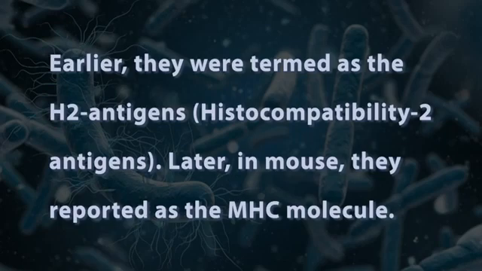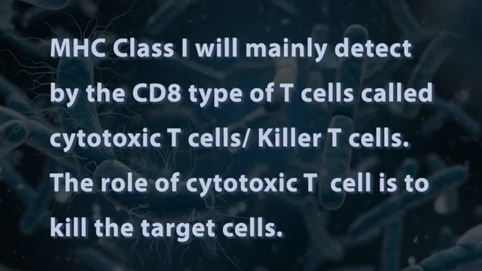Later, in mouse, they were reported as the MHC molecule. When a viral particle infects the cells, the MHC class I receptor will show some particles of the virus to the immune system cells. MHC class I is mainly detected by the CD8 type of T cells called cytotoxic T cells or killer T cells.